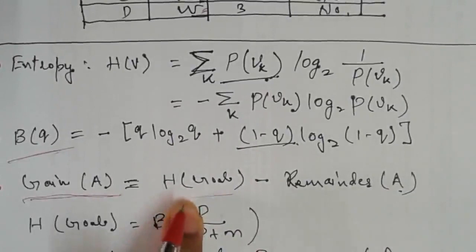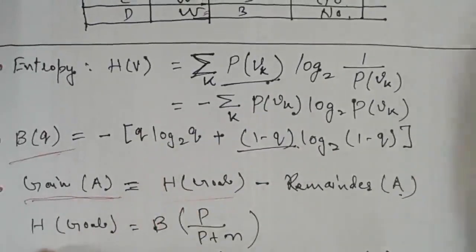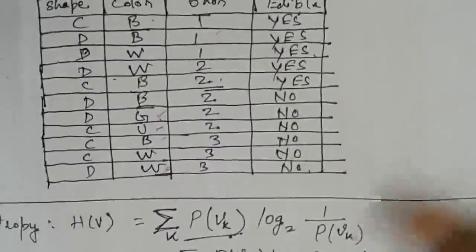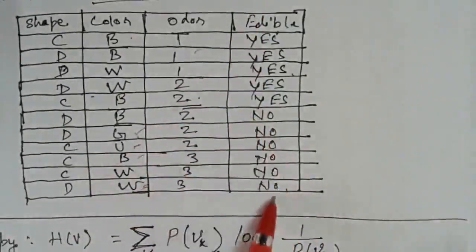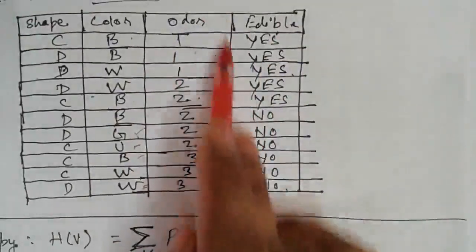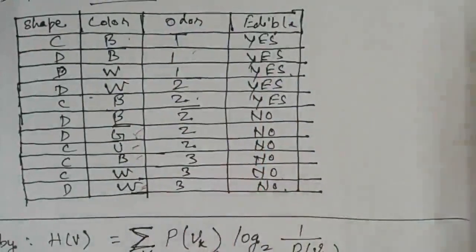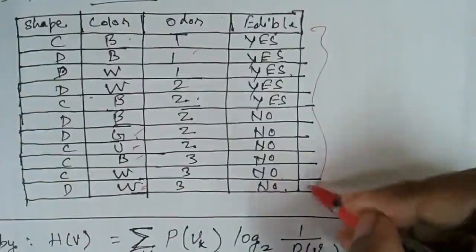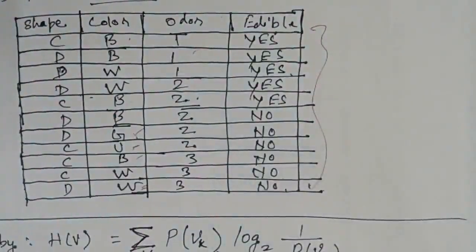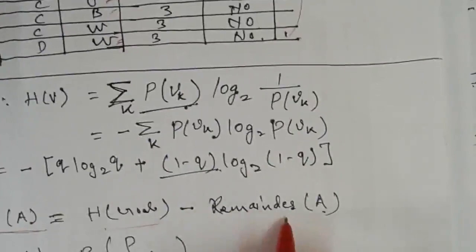H goal is basically the entropy, the uncertainty, that is the entropy of this output. What is the uncertainty in the whole data? This is given by H goal, minus remainder A.